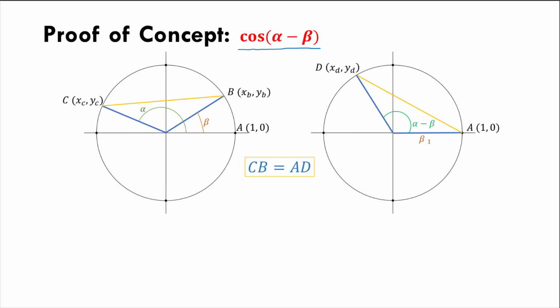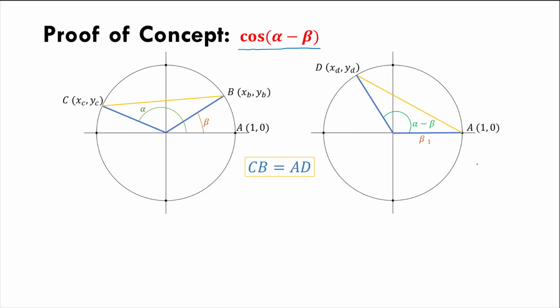Keep in mind, we're going to be using these XB and YB because these are the coordinates of our points here. So at C, I've got XC, YC, and at D, I've got XD, YD. And here at A, since this is a unit circle, this is just going to be 1, 0 on my x-axis.